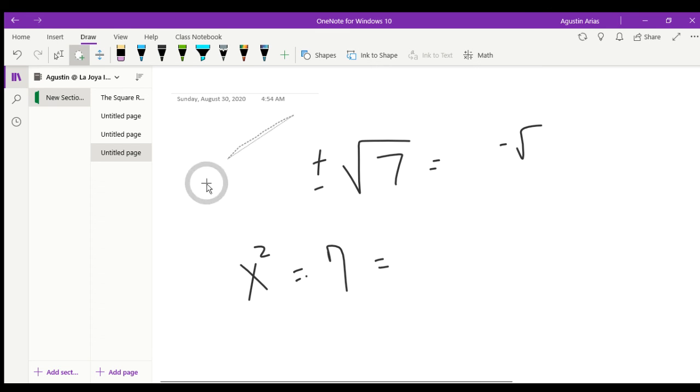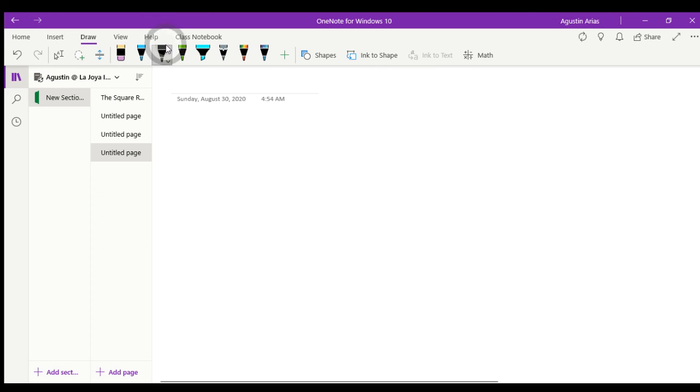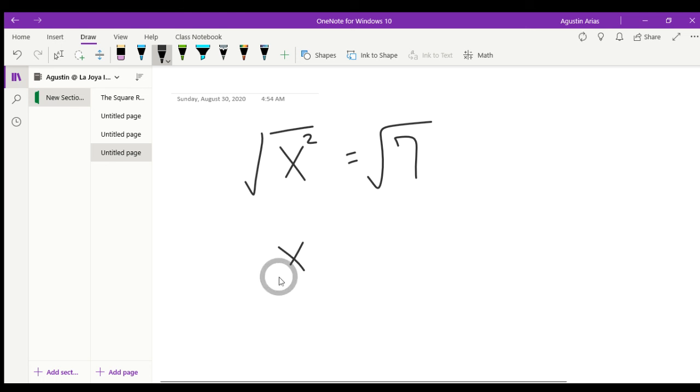Let's start at that one again. Let's say x squared equals 7. So you're always going to have something like this squared. If you can get something by itself that is being squared, that's when you take the square root. And again, when you take the square root, it's plus or minus that number.